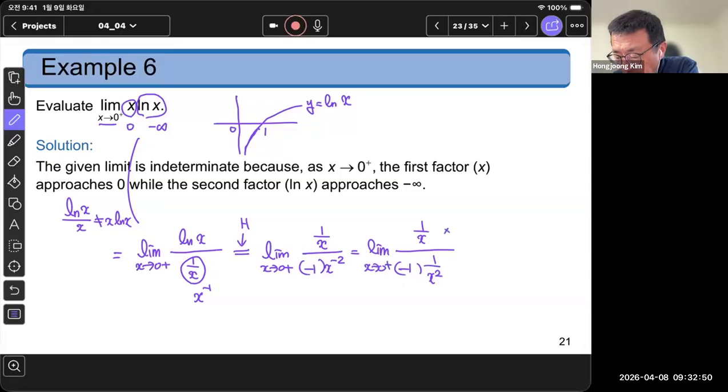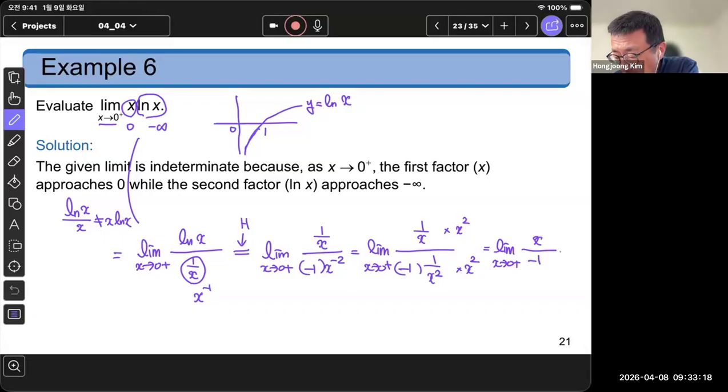Let me multiply x squared to the numerator and denominator to simplify the expression. Then we get x in the numerator and the denominator is just negative 1. And then you let x go to 0 from the right. As x approaches 0, the numerator x goes to 0, while the denominator is fixed at negative 1.